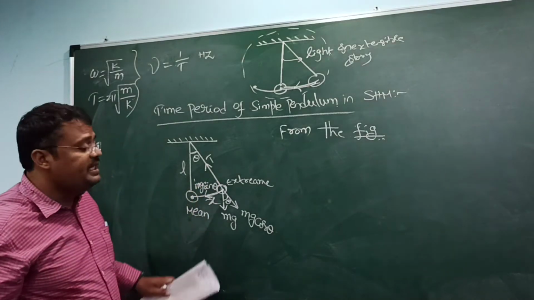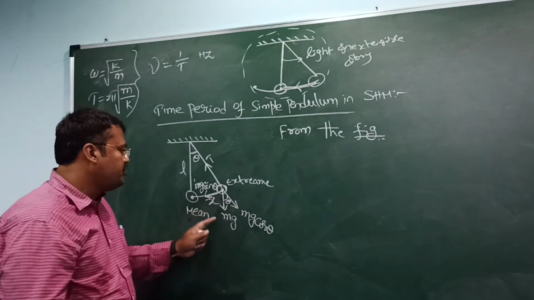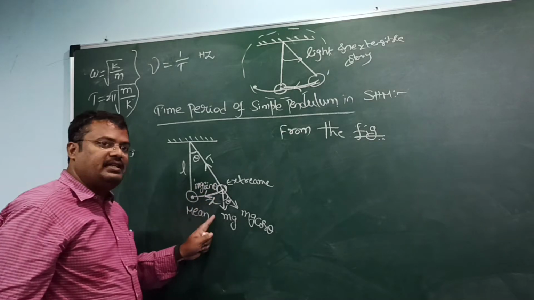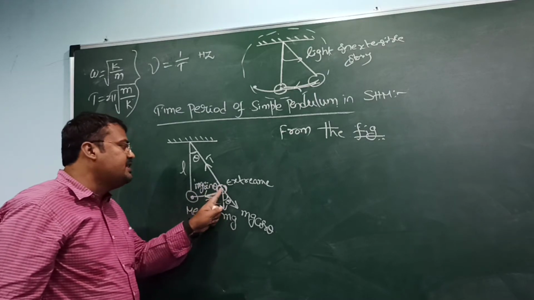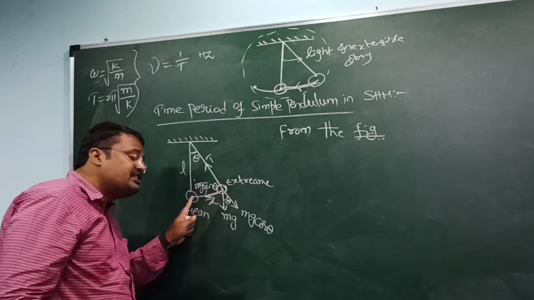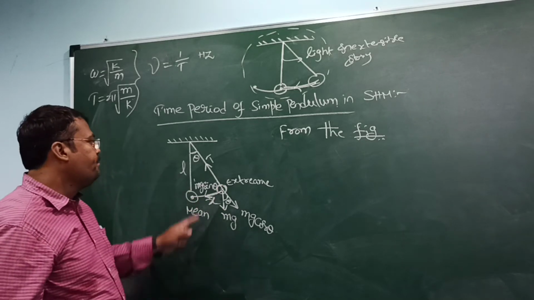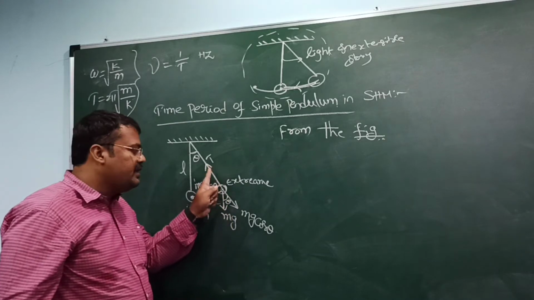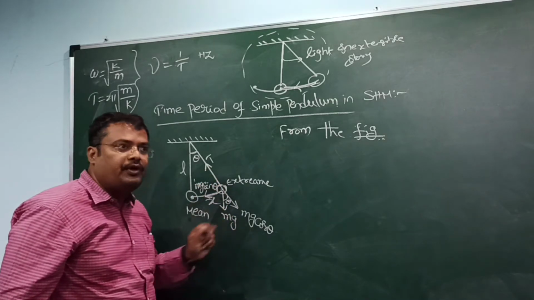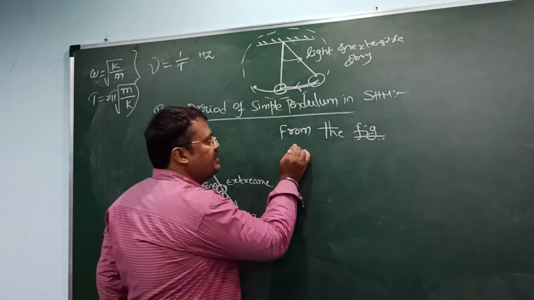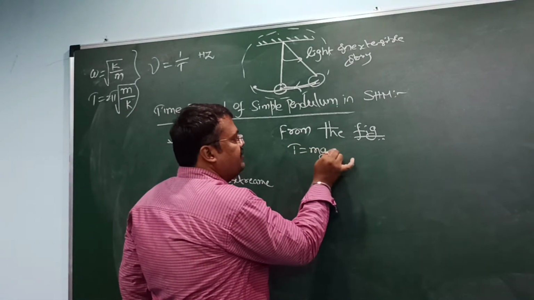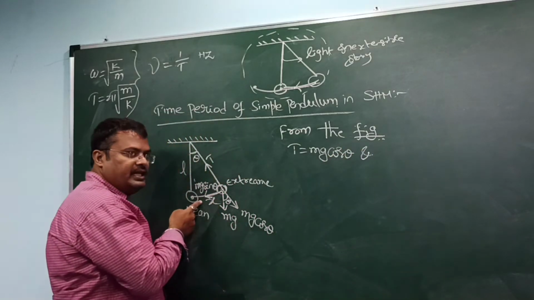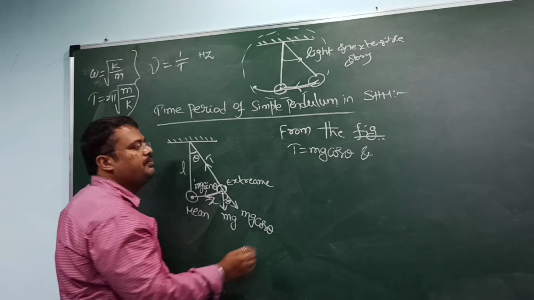So what you understood here, the restoring force in the given picture is nothing but mg sin theta. This force will always act towards the mean position. So when it reaches the extreme position, the tension in the string balances one of the components of the weight of the object. T is equal to mg cos theta, and the restoring force always acts towards the mean position.